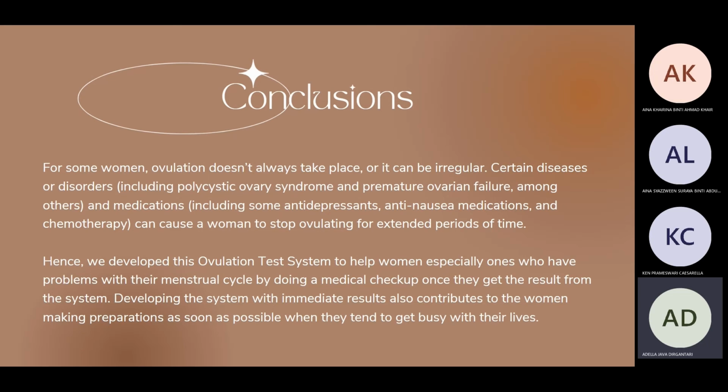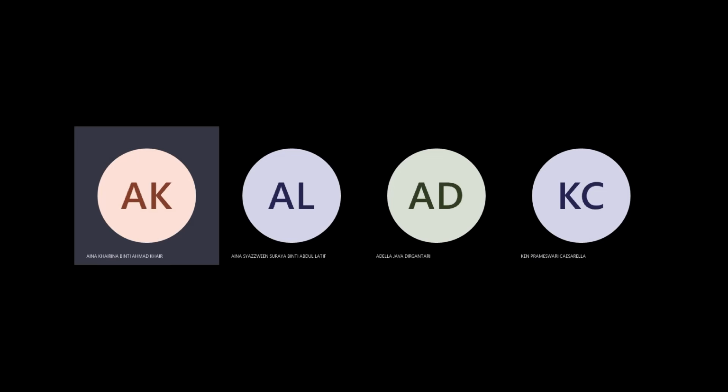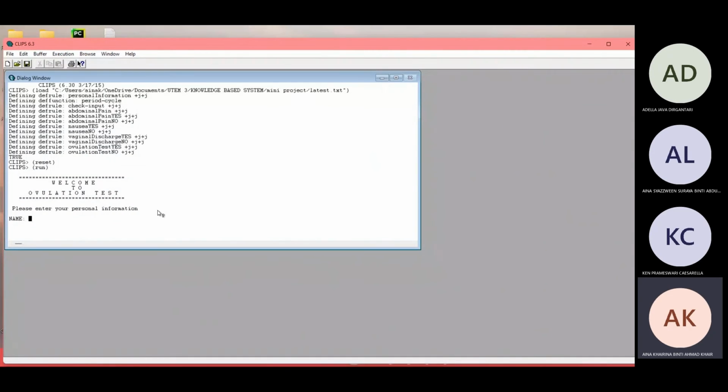Okay, next we want to demonstrate our system. Okay, Aina Khairina, can you share screen? And for our system, here we display welcome to ovulation test. So please enter your personal information. The patient needs to enter their personal information.